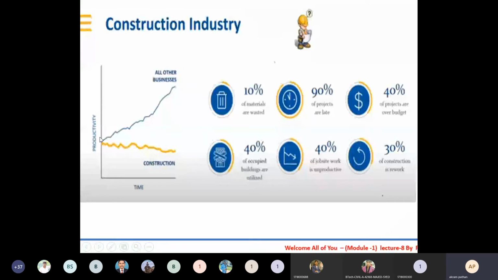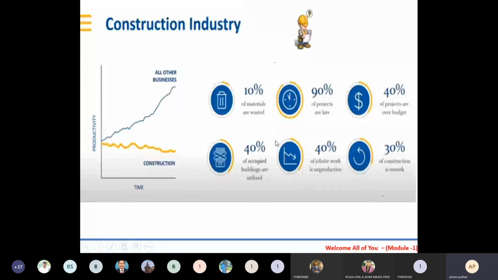And if you see other businesses, all other businesses are increasing. So it is time to have modern equipment, so we will reach up to this point, but at this stage we are lagging behind. This scenario we will discuss in the upcoming lecture.